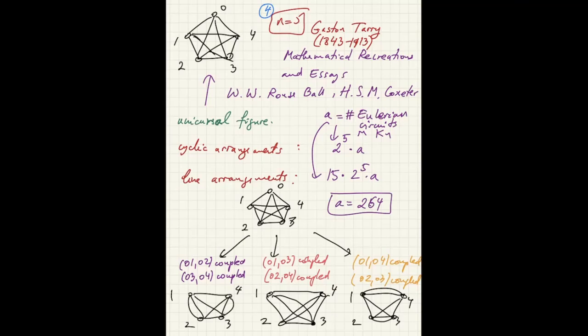If we call this number B, then it's clear that this number is also B, and this is also B, because all these graphs are isomorphic. And so you have A equals 3 times B, and B is something like 88, I think.